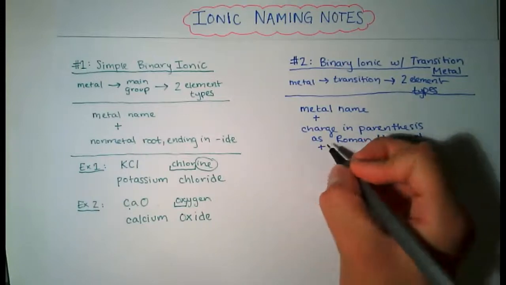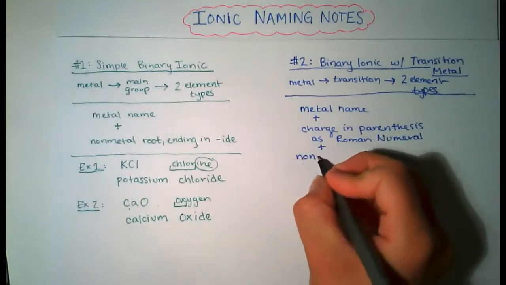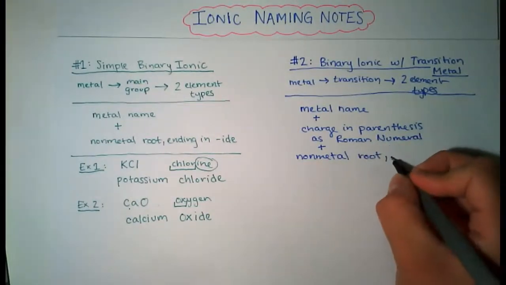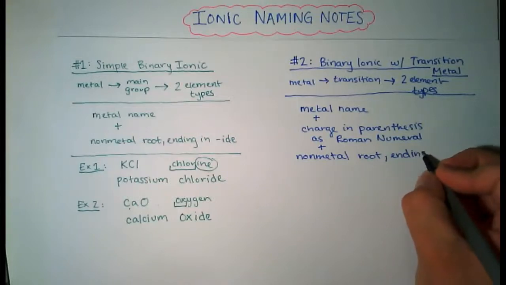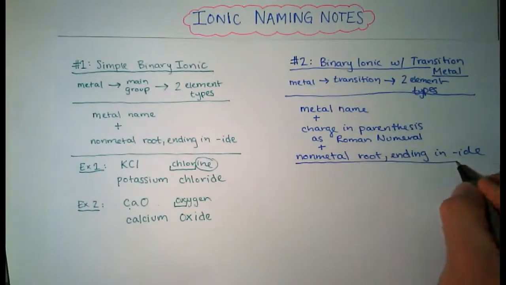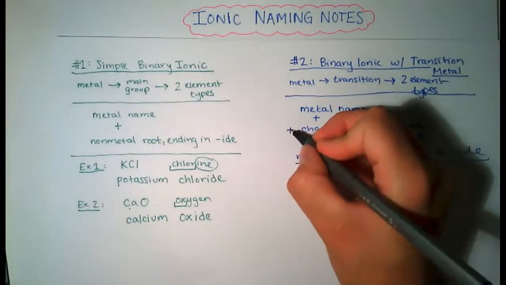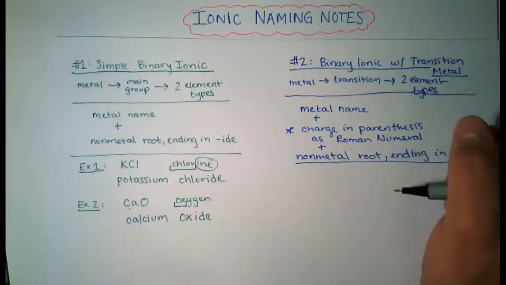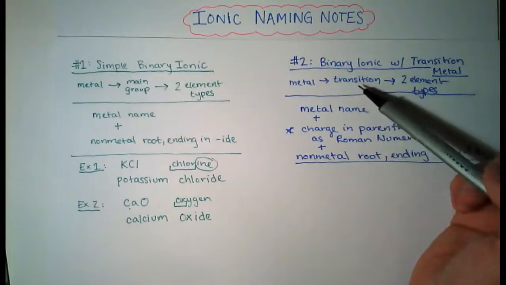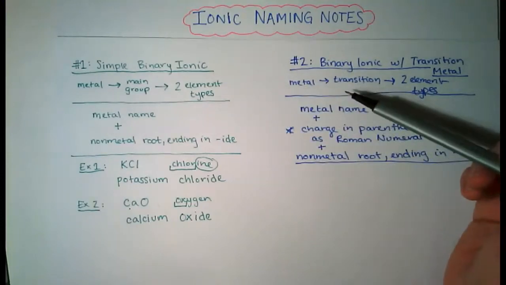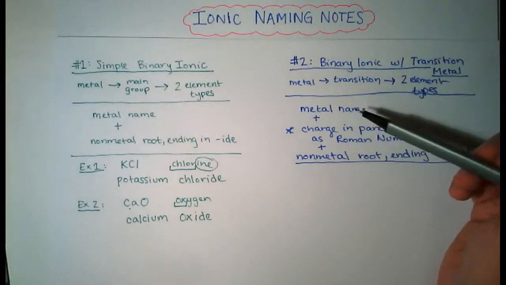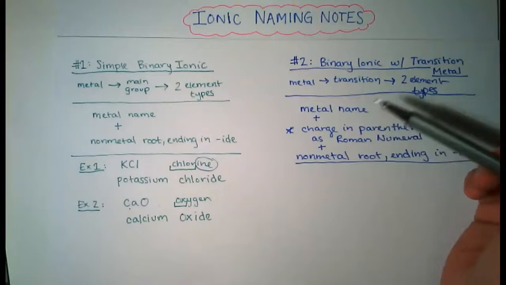And then we are still going to take the non-metal root and change that ending to IDE. So really the only difference here is that we have to put the charge in parentheses as a Roman numeral, because unlike with a main group metal, if you have a transition metal, there can be more than one oxidation state. So our naming rule has to account for that and show what oxidation state we are talking about.